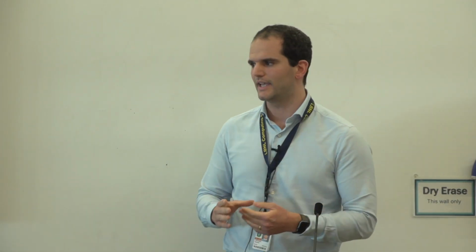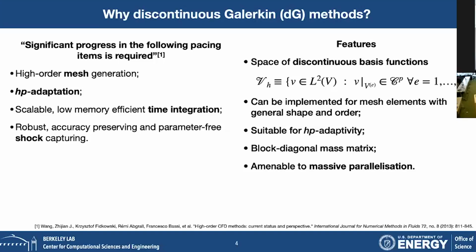Basically what they are saying is that what we need to bring higher order methods to exascale modeling, or to make them really perform well as compared to lower order methods, are the points shown here on the right. What we need is high order mesh generation, hp adaptation, scalable time integration, and robust accuracy preserving shock capturing techniques. And this is why discontinuous Galerkin methods are probably the best option in this respect.